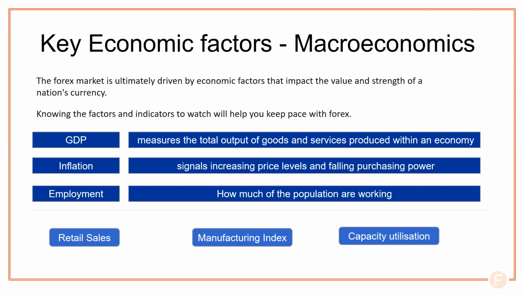Being able to understand these indicators will help us determine: is this a right time to buy this currency pair, or is it a good time to sell this currency pair based on the performance of that economy? Because investors are going to be heavily influenced by what's happening in the world. So we should take this into account.